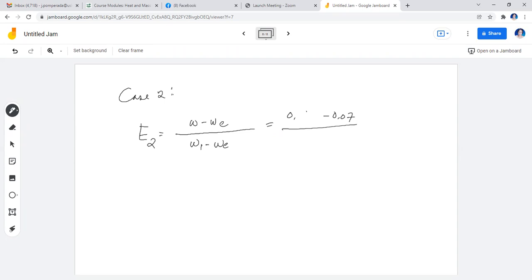So this is for the final, and for the initial is 0.22. And you have here also 0.07. So with this, your E is 0.2. What would you do with this E, which is 0.2? Go back to your graph.